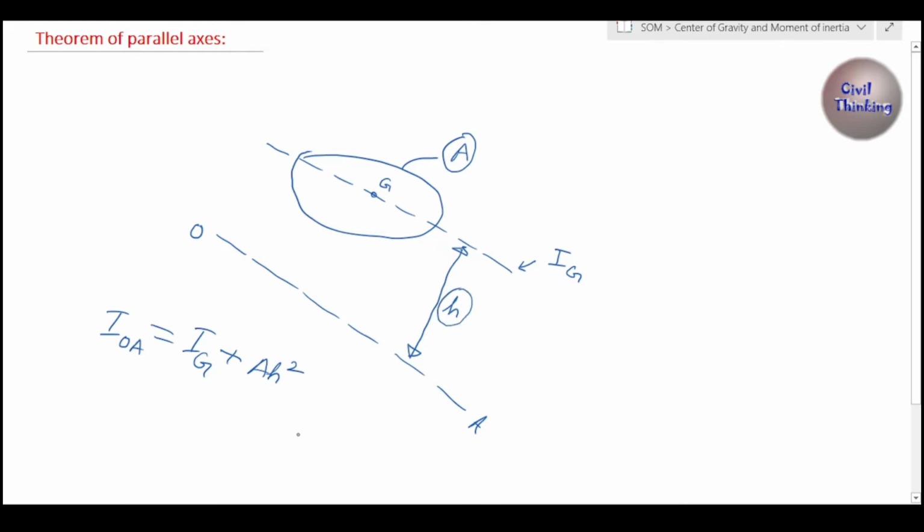This is the theorem of parallel axes, and I can state it this way: the moment of inertia about an axis which is parallel to an axis passing through the center of gravity is the moment of inertia about the axis passing through the center of gravity plus the area of the body multiplied by the distance between the two axes square. This is the theorem of parallel axes.